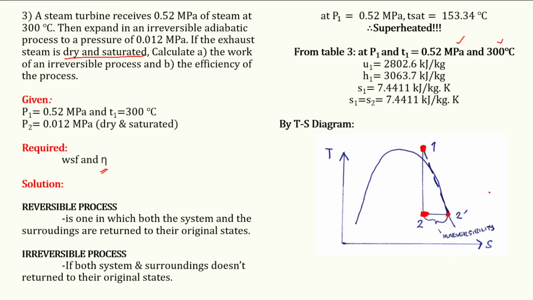Ayun yung sinabi dyan. So therefore, meron kang work steady flow actual na mapoproduce. Okay? So iba yung work steady flow actual mo sa iyong work steady flow ideal. Okay? So di ba ang work steady flow actual is H1 minus H2 prime.